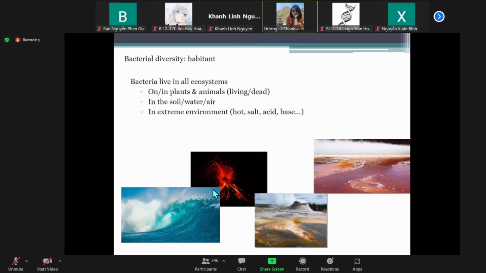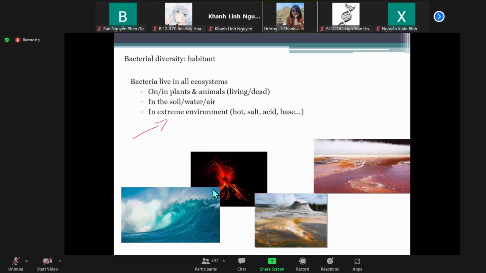They are also diverse in the habitats where they live: in all the ecosystems in the world, in plants, animals, living or dead, in the soil, water, and air. They also live in extreme environments, too hot, too cold, too salty, acidic, basic, etc. In extreme environments the percentage of bacteria is less than Archaea.